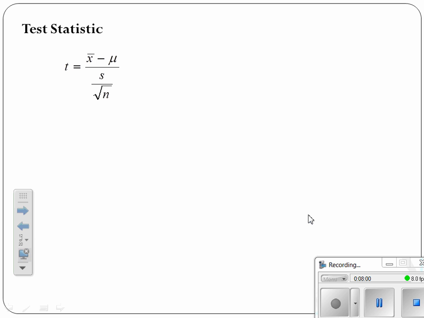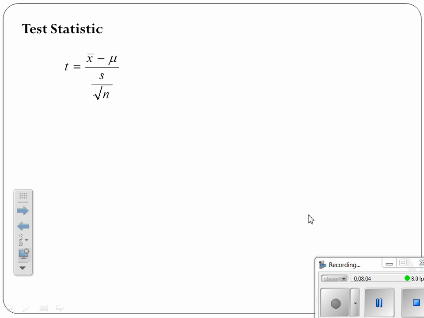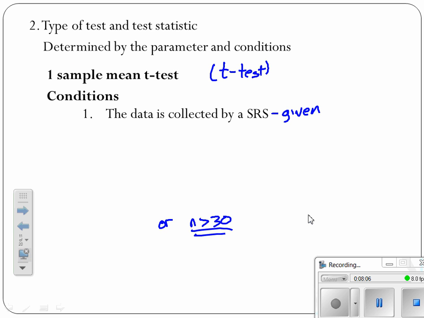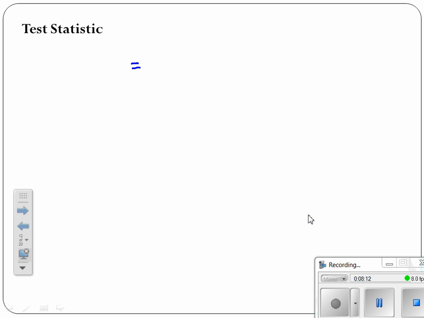Calculating the test statistic. So for us, our average, if we'll go back real quick, was 970 with a standard deviation. So our observed value is 970. We were supposed to see an average of 1,000. There's 120 over the square root of 60.